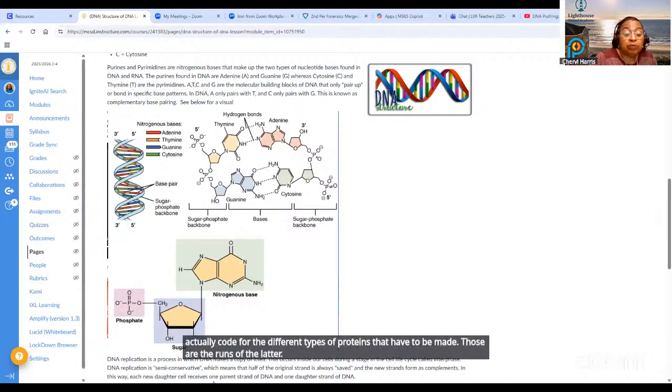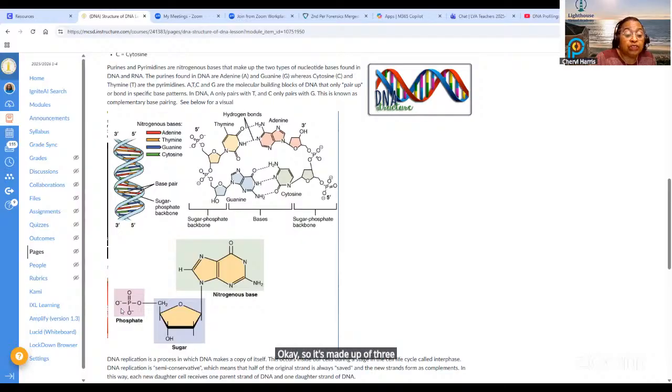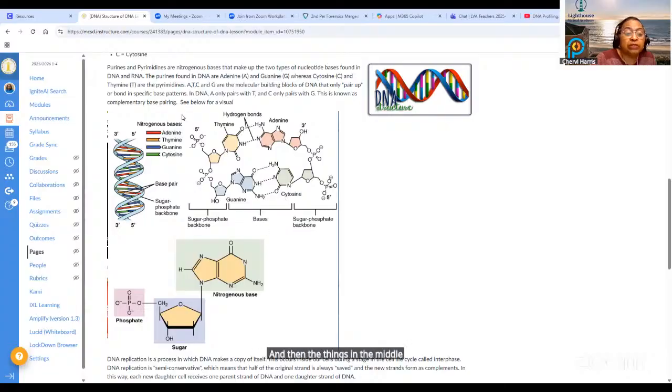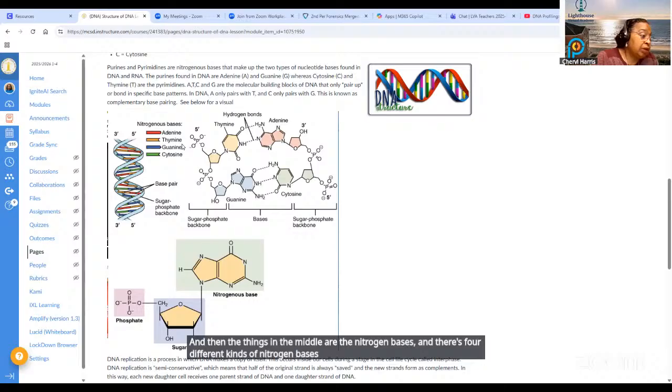Okay, so it's made up of three things: a sugar and a phosphate, and those are going to be on the side. If you look up here, this is a phosphate, and that's a sugar molecule, and they make up the sides, and there's one on the other side. Then the things in the middle are the nitrogen bases, and there are 4 different kinds of nitrogen bases on a DNA molecule.